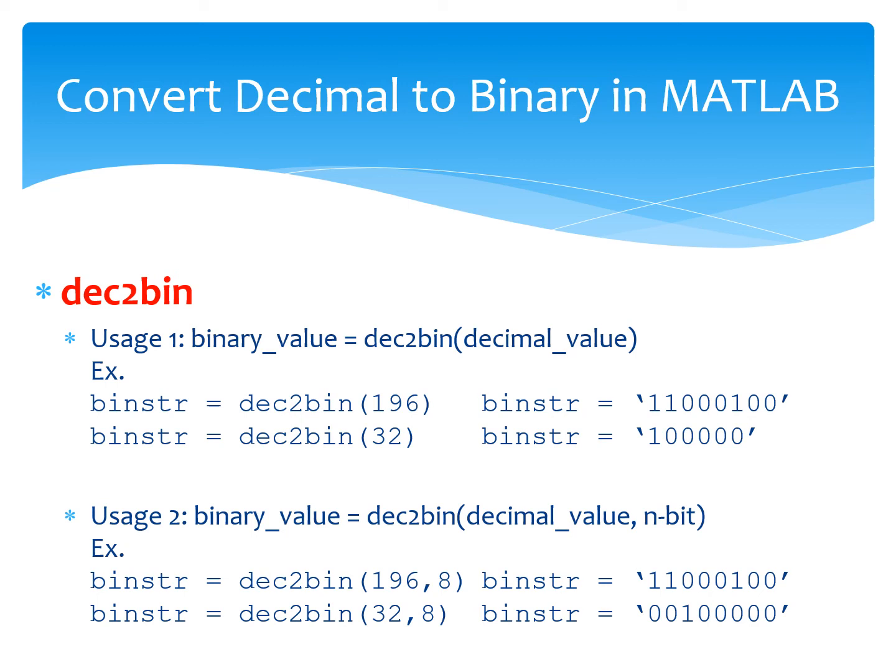For example, when converting the decimal value 196 to the corresponding binary string, we will receive an 8-bit binary string, 11000100. However, when converting 32, we will have a 6-bit binary string, 100000.